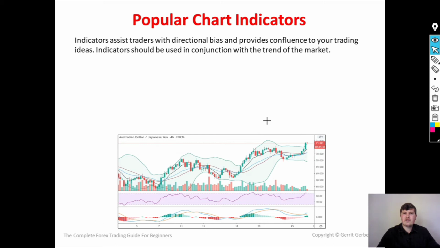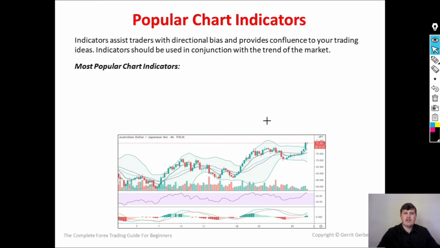So for uptrends, you can make use of certain chart indicators to assist you with trades to the upside. Likewise, for downtrends, there are also certain chart indicators that will add confluence to your trading idea for moves to the downside.